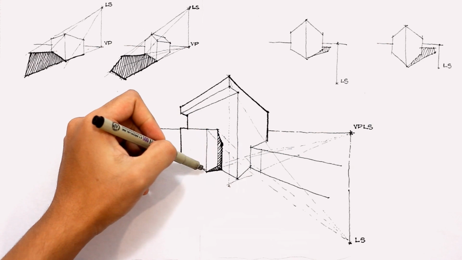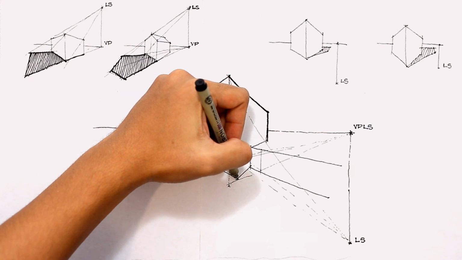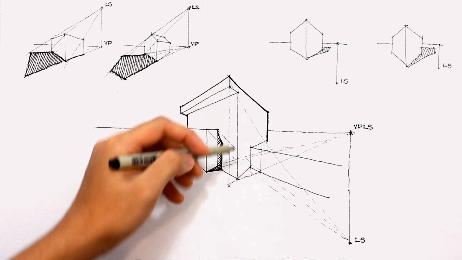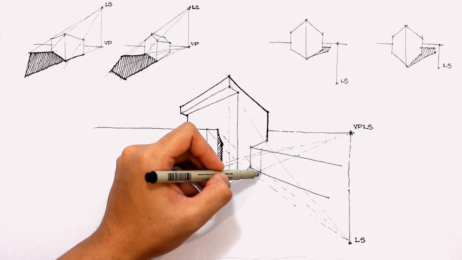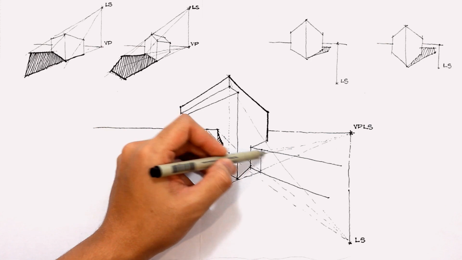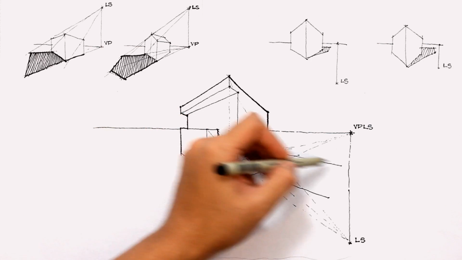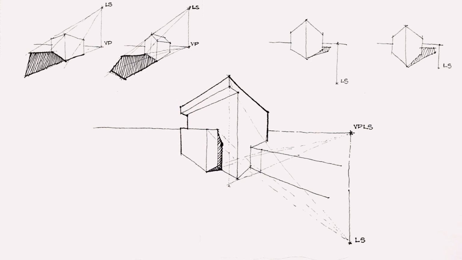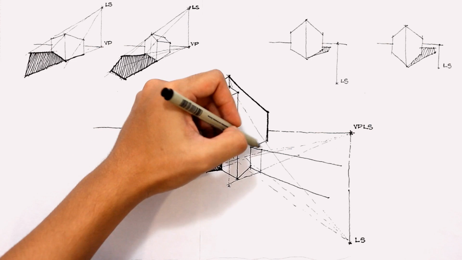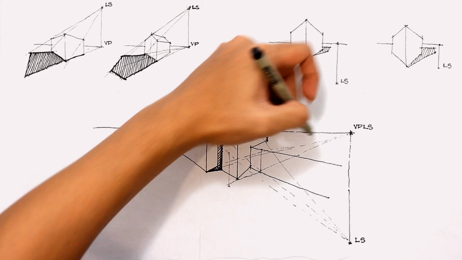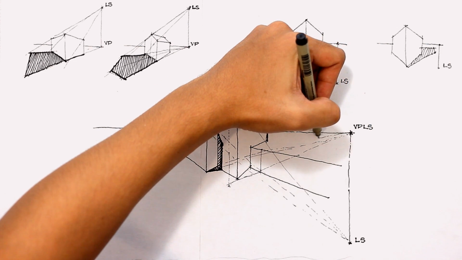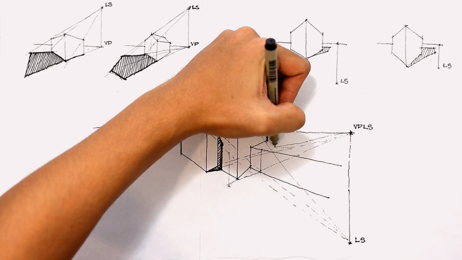The same process as the first setup. When the baseline intersects the vertical surface, the projection will go up onto the top of the vertical surface. Once it reaches the top of the vertical surface, the point will continue back to the vanishing point of the light source.